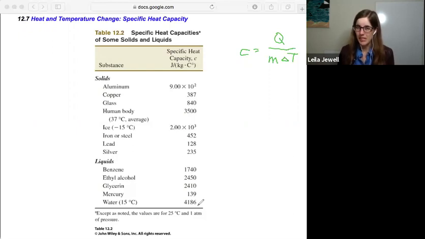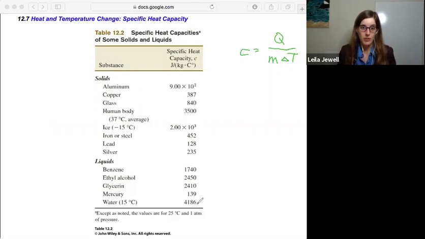What does it mean to have such a large value? Well, one way of looking at it is that if you put in a certain amount of heat Q and you have a large specific heat capacity, you're going to get a pretty small change in temperature. Not going to see a lot of change. If instead you put in the same amount of heat, but you have a very small specific heat capacity, then more of that heat can change the temperature.